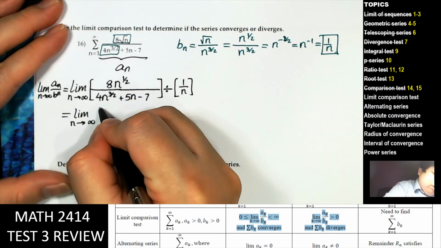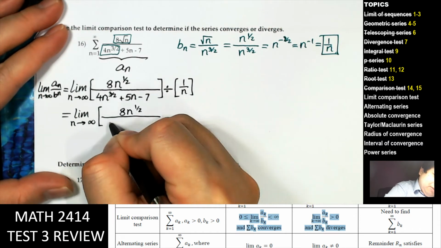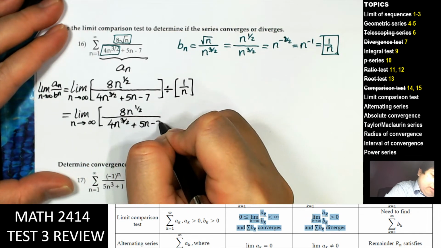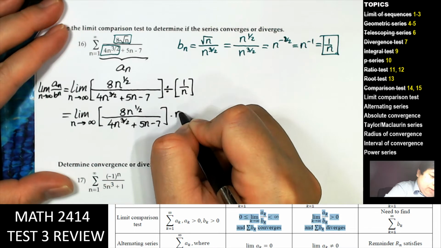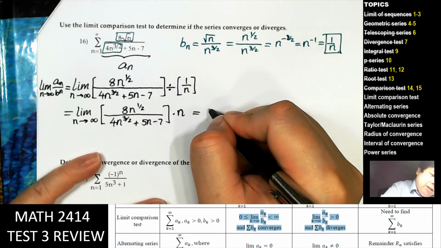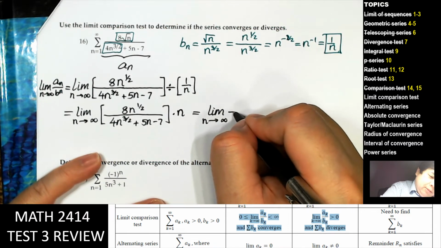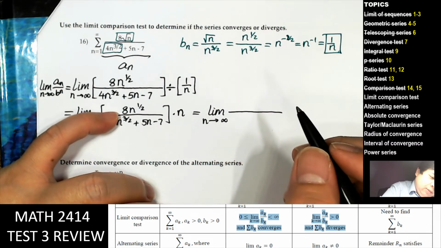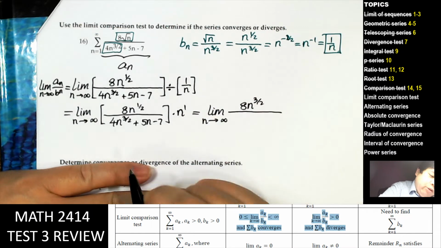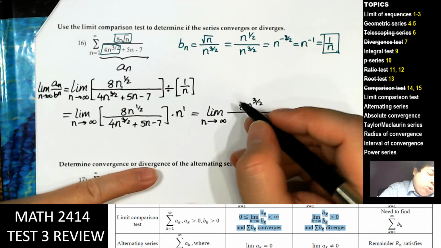Multiply the reciprocal. Multiply the n on the top. To the first power, when we multiply, we add the exponents: 1/2 plus 1 is 3/2.